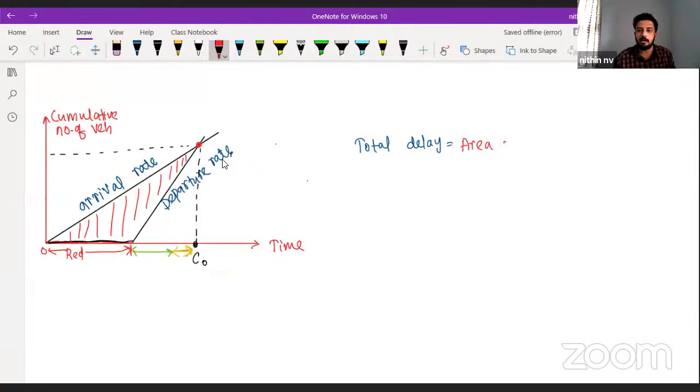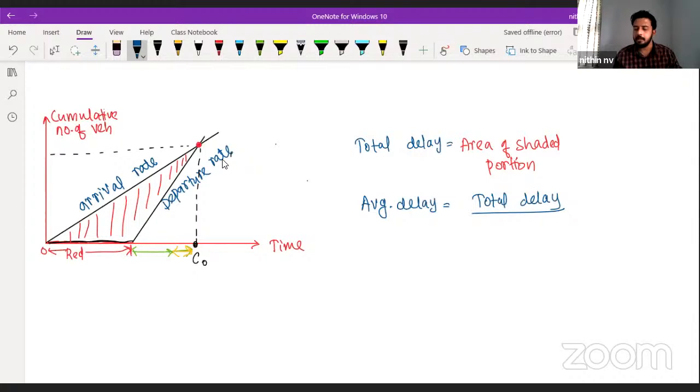So I can write: area of the shaded portion is nothing but the total delay. Now, how can I calculate the average delay? The shaded area gives the total delay of all the vehicles, and the average delay is that divided by n, the number of vehicles.